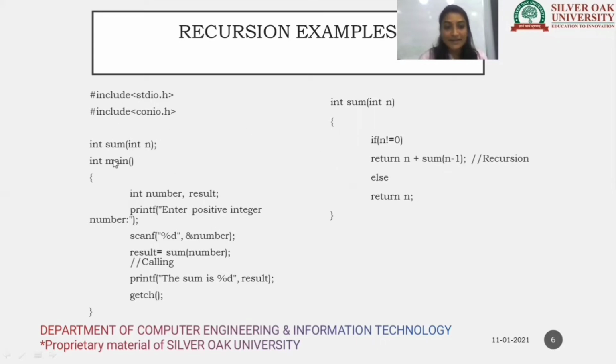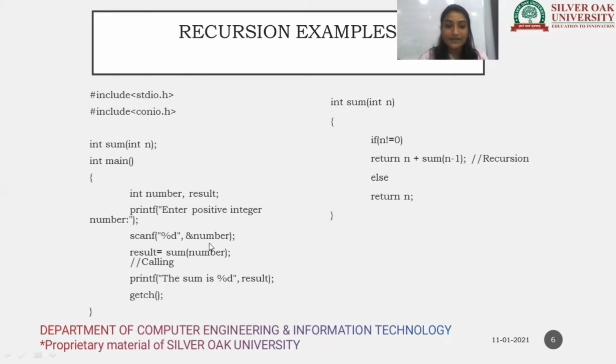So let us understand this program. This is the function declaration part. Then in the main method we call this function, but we want to take the input from the user. We want to take the values from the user and return the sum of these values. For that we have taken two variables, the integer number and result. This is the positive integer number.